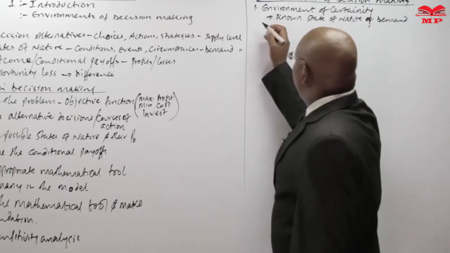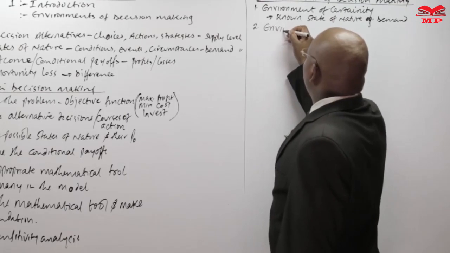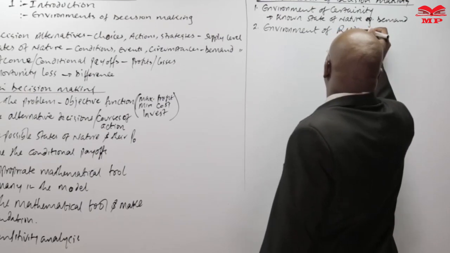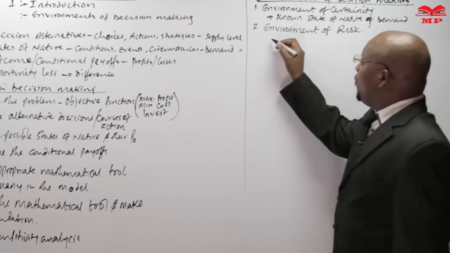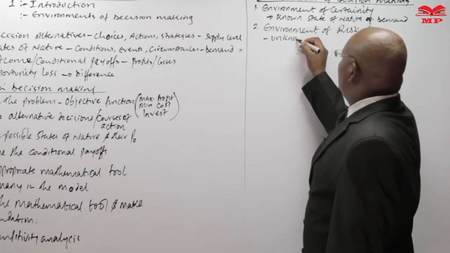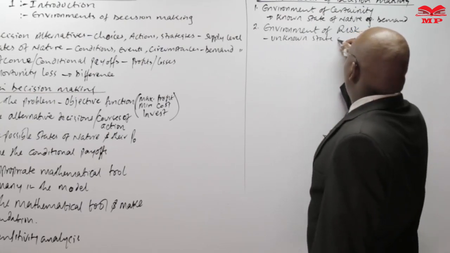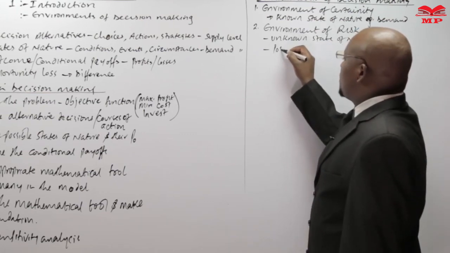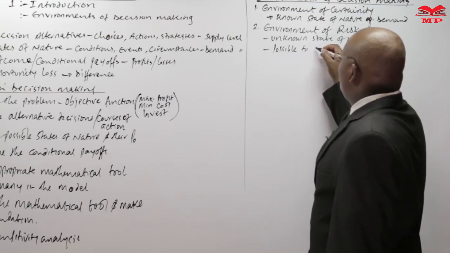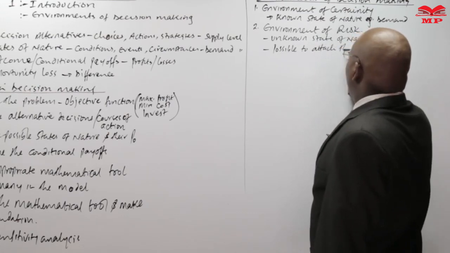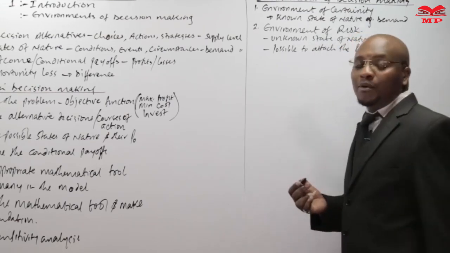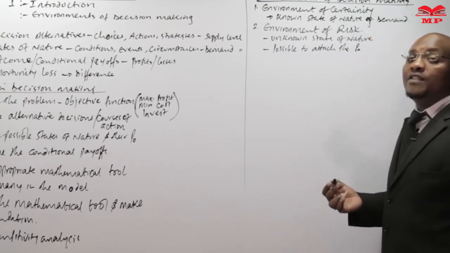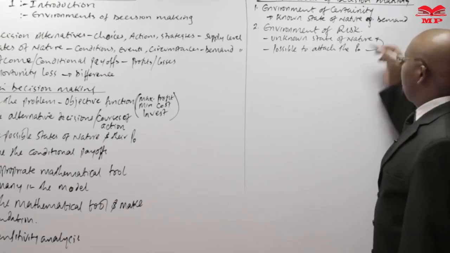Then we have number 2 is environment of risk. Now, environment of risk is where we have unknown states of nature, but it is possible to attach the possibility or the probability. It is possible to attach the probabilities of these states of nature.